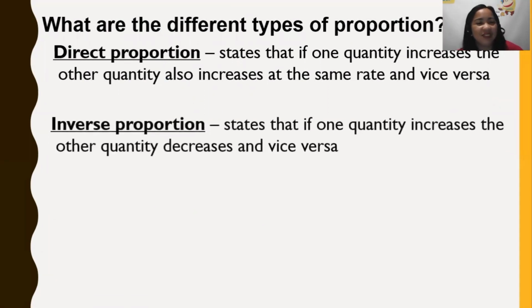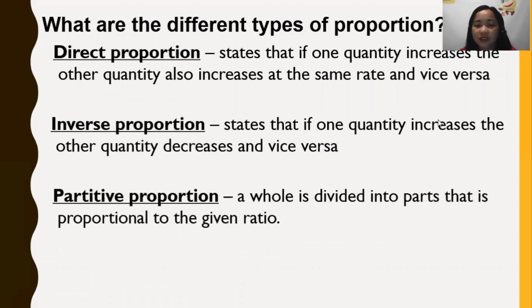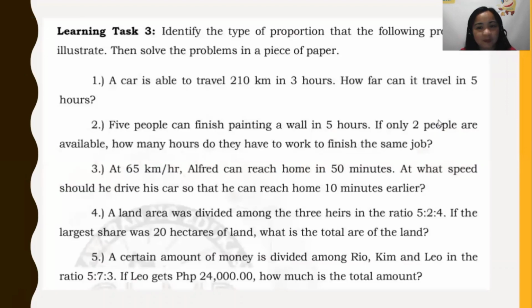And we have inverse proportion. It states that if one quantity increases, the other quantity decreases or vice versa. Magkasalungat ng direction. And then we have partitive proportion. A whole is divided into parts, and that is proportional to the given ratio.